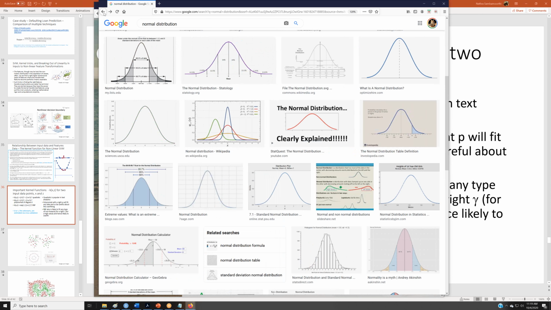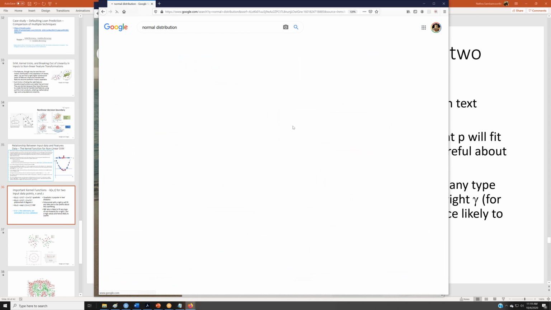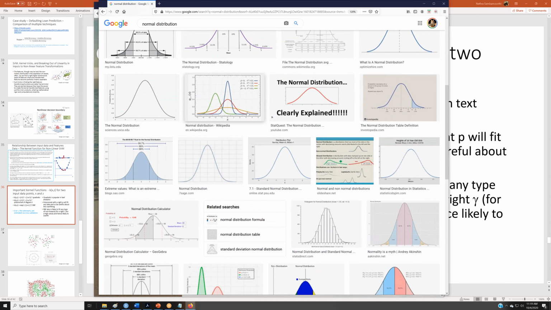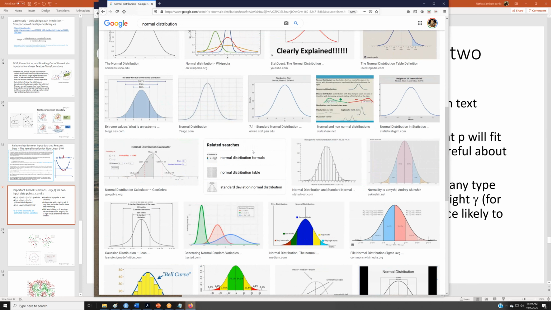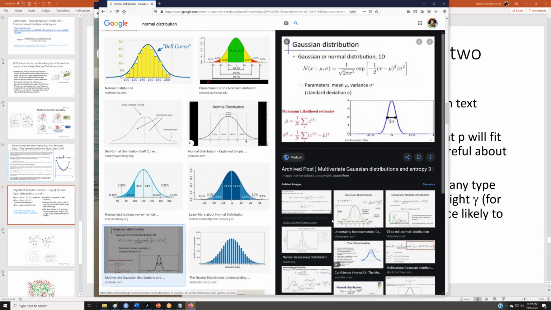I'm not sure whether you can recall this or not. So let's look at the normal distribution. One more image where I want to show you the mathematical expression. You see this one, exponential of this, the square, divided by some constant.